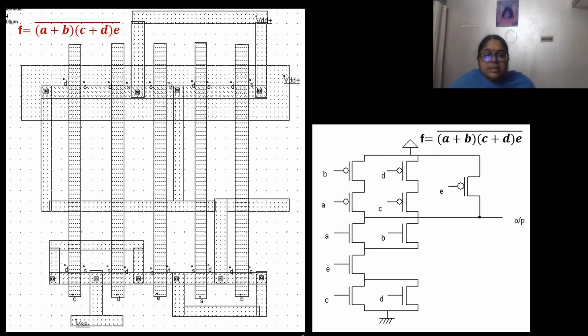Now here you can see how you are going to place the inputs, that is the order of inputs.